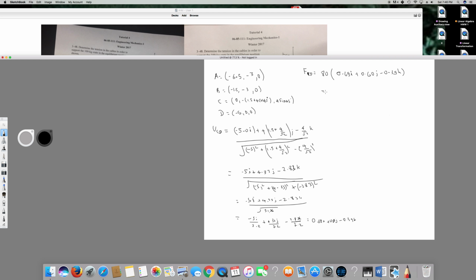Let's multiply. 80 times 0.69 is equal to 55.2 i, plus 80 times 0.6, which is equal to 48, so 48j, minus 0.39 times 80, which is equal to 31.2 k. So 31.2 k. This is my final answer for the force.